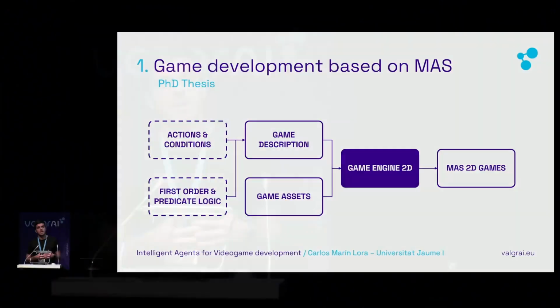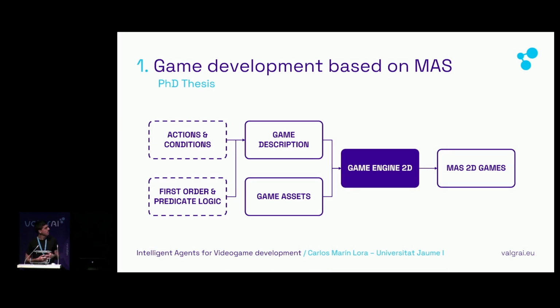And when I started my PhD, my thesis was kind of a tool like that. It was a 2D game engine that we created by studying the minimal requirements of a game, what an actual game needs to be run.